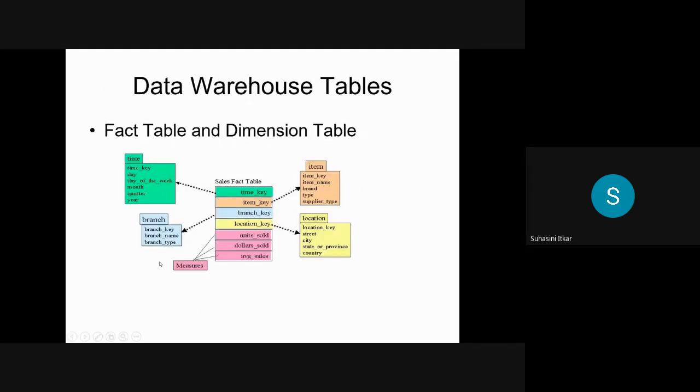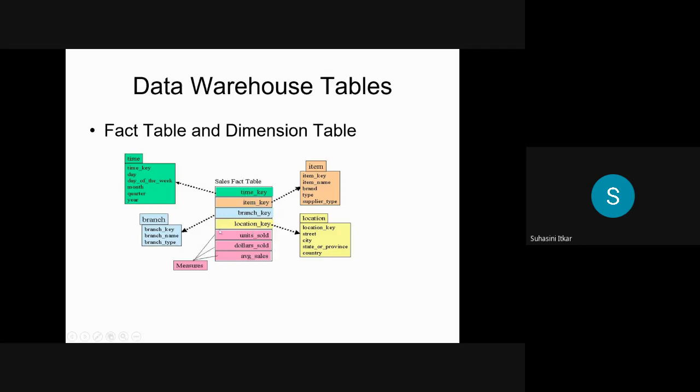Then we discussed how the tables are preserved in the data warehouse. In the data warehouse, the subjects identified by the application modeler, the data modeler, are preserved in the fact table.